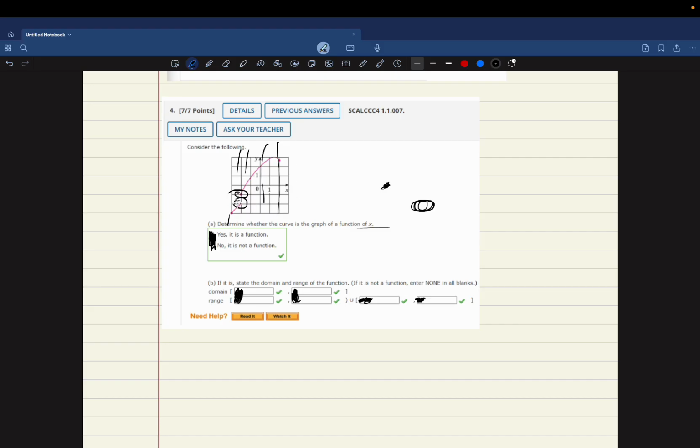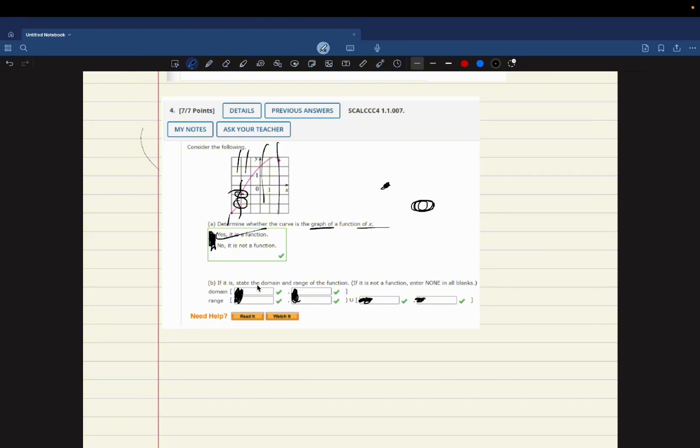If it is not a filled circle, then that point is not included in the graph. So if we draw a vertical line, in this intersection it will meet, but in this intersection it will not meet. So hence there is only one intersection in every vertical line drawn in this graph. That's why it is a graph.